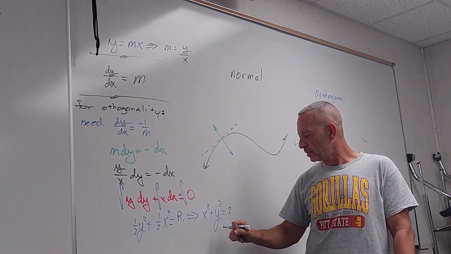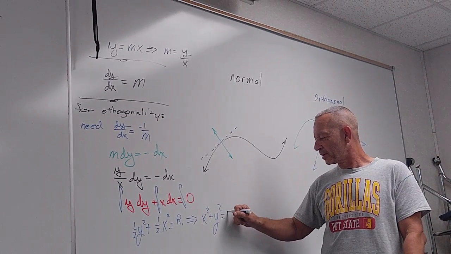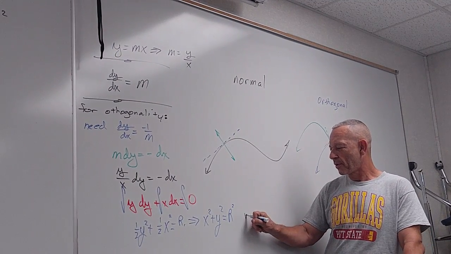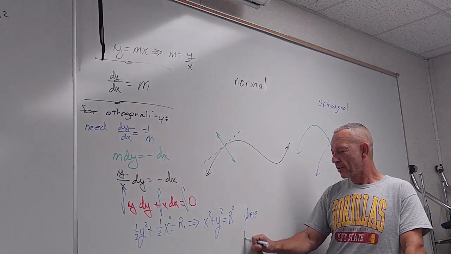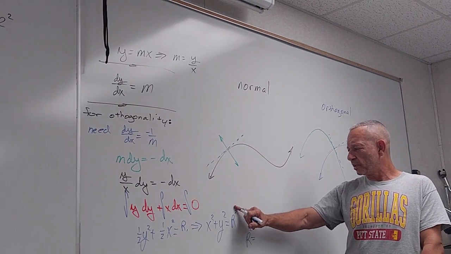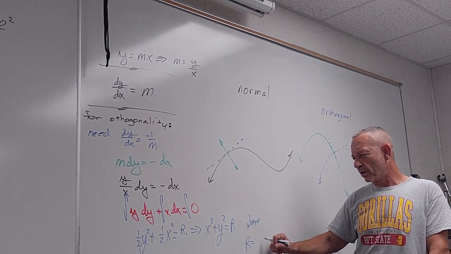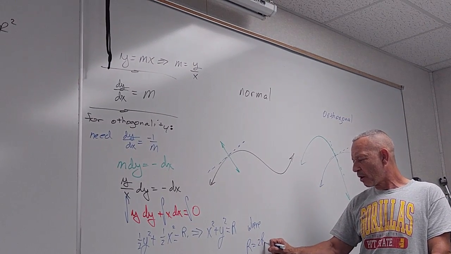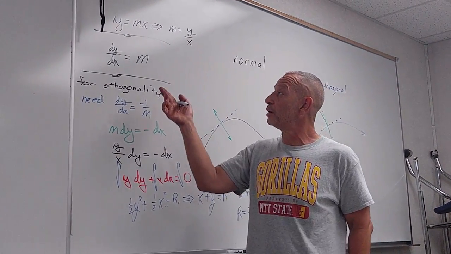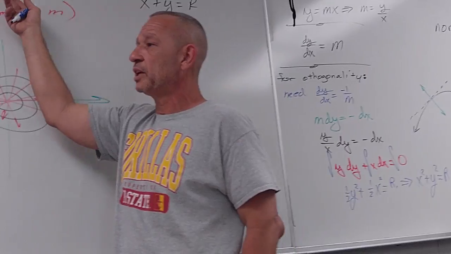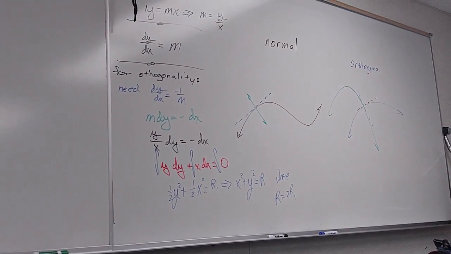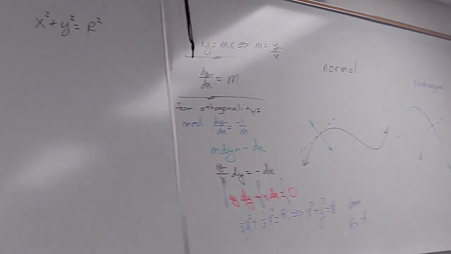Oh, let's call it r1. Where r, actually we can even leave that off. We'll just call it r, where r is equal to 2r1. Because we have degenerate cases here, right? R has to be positive, just like we do not allow m to be undefined here. Lines and circles centered at the origin, perpendicular at their points of intersection. And you will get to enjoy that.